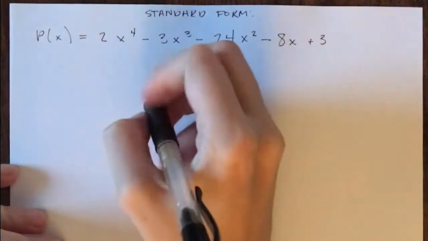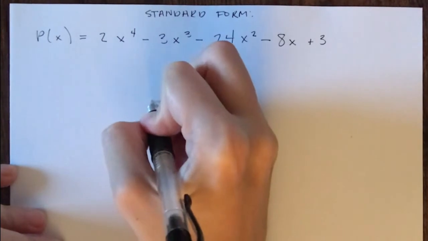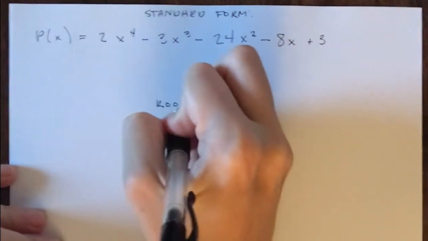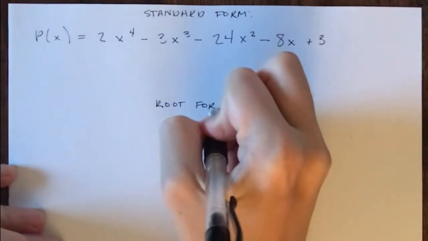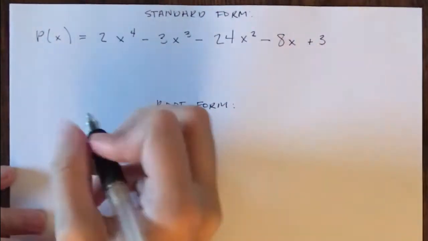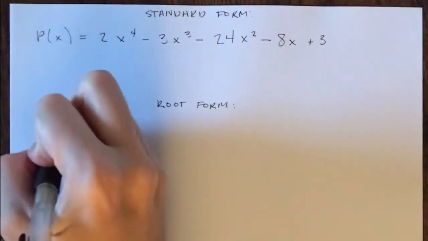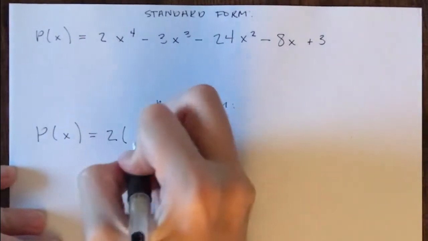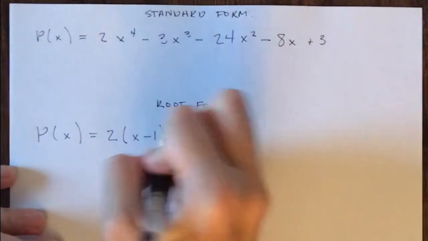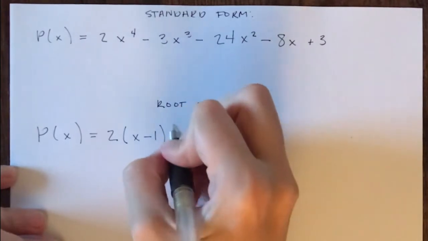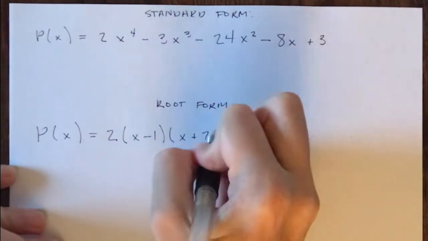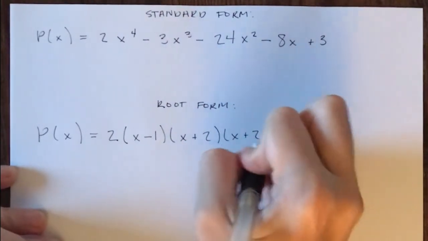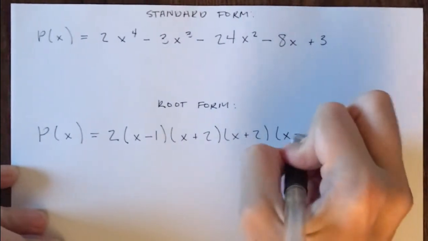And here is the root form of the same function: 2 times x minus 1 times x plus 2 times x plus 2 times x minus 4.